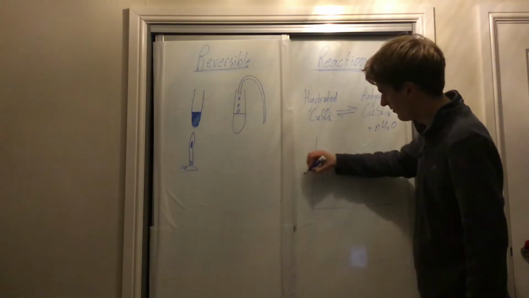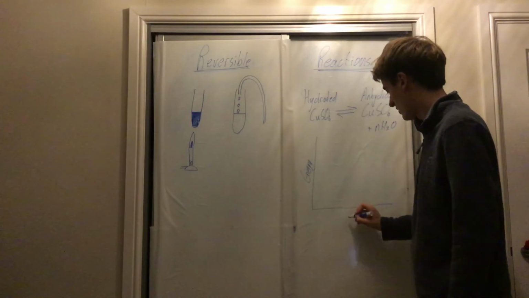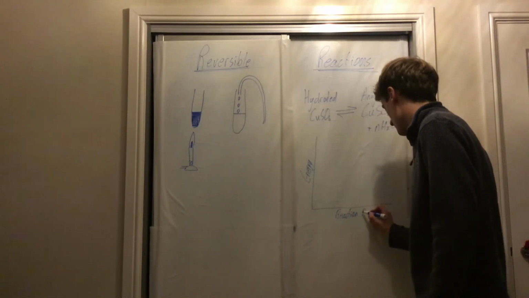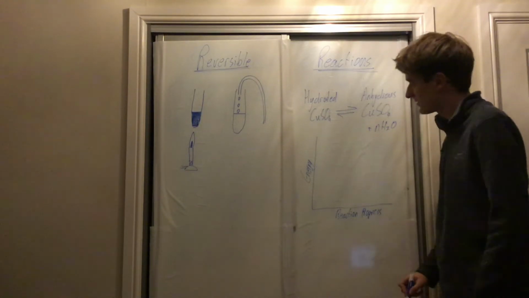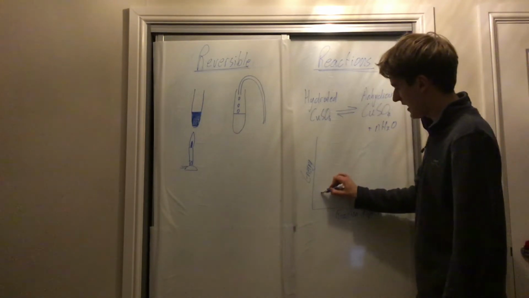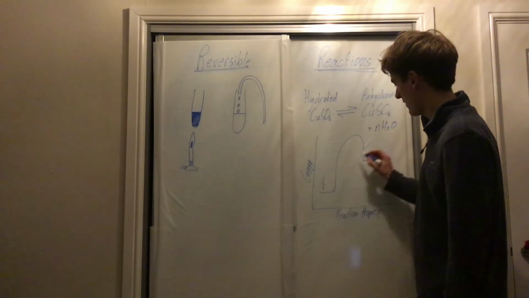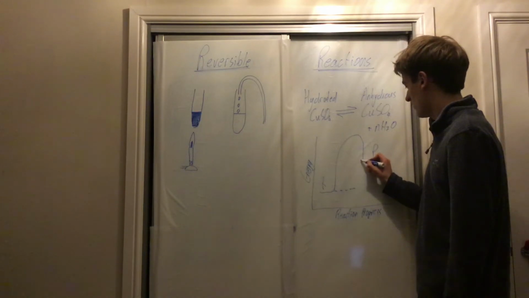So if I draw a quick energy profile with energy on Y and reaction progress on X, an endothermic energy level diagram would look something like this, where my reactants are here, my products are up there.